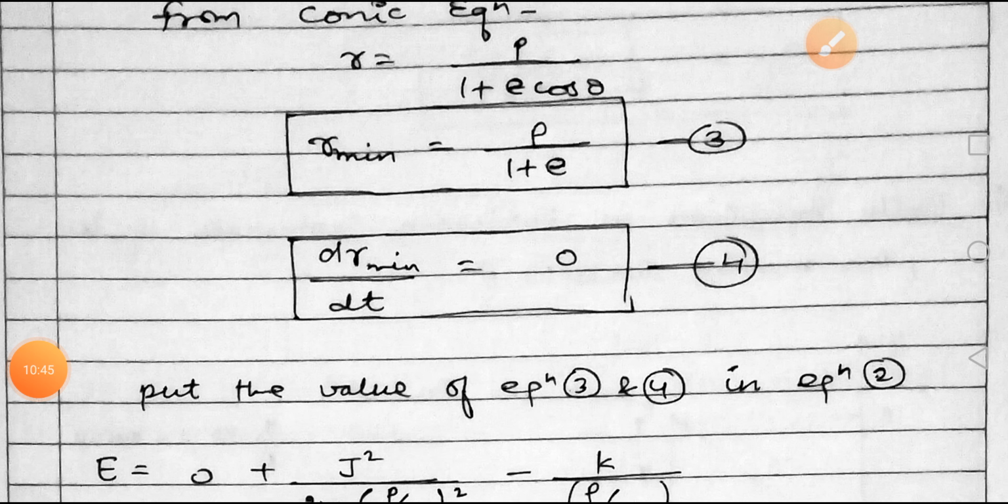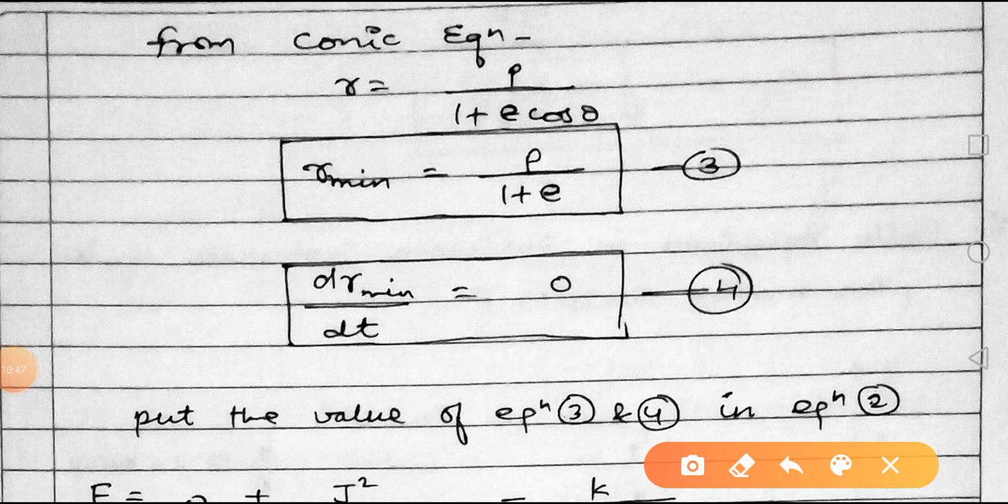And from the conic equation we know that r is equal to p upon 1 plus e cos theta, and for the minimum value of r, cos theta will be maximum, and the maximum value of cos theta is 1. Then r minimum is equal to p upon 1 plus e, and if we differentiate this with respect to t, then this is 0. Equations 3 and 4.